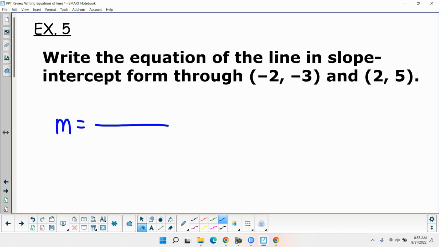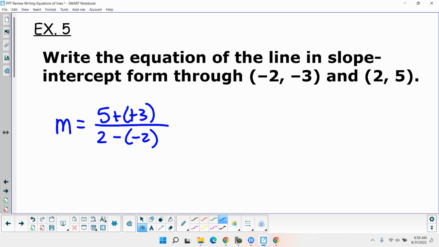But if you went this way, it still works. Just be consistent. If you go -3 minus 5, just go -2 minus 2, right? I always just go 5 minus -3 and 2 minus -2. But either way works. You'll get the same answer.